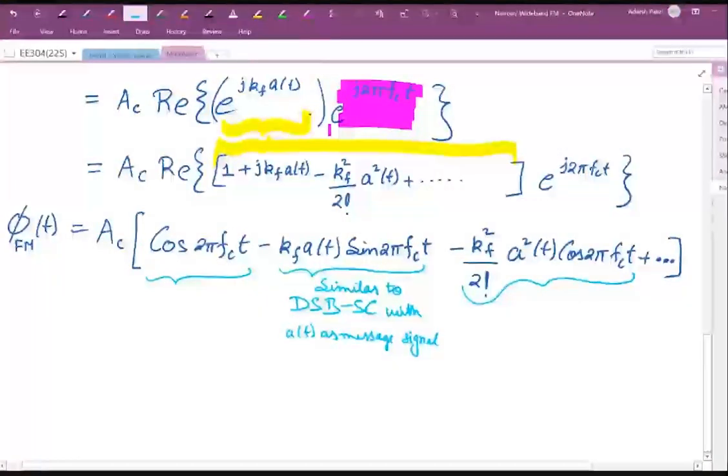And what can we say about the third part? Anyone, anyone can tell me?